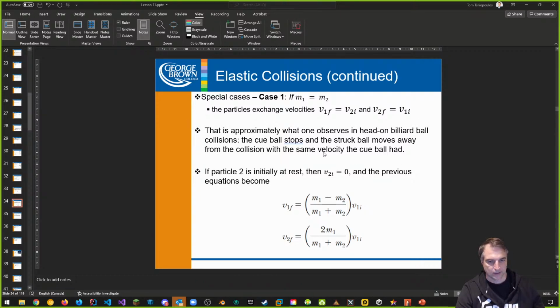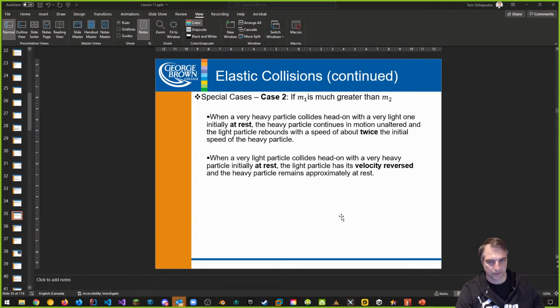Also, if particle 2 is initially at rest, here's the other case. If both are in motion, they exchange velocities. But if one of them is at rest initially, then the energy is transferred to the other one. In other words, velocity 2 initial is 0, and then the previous equations become the other way around.